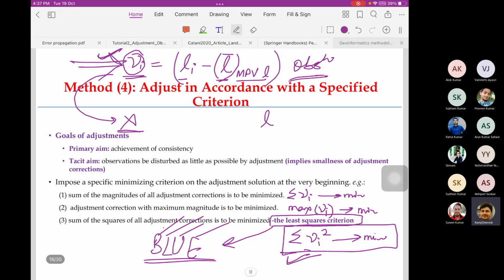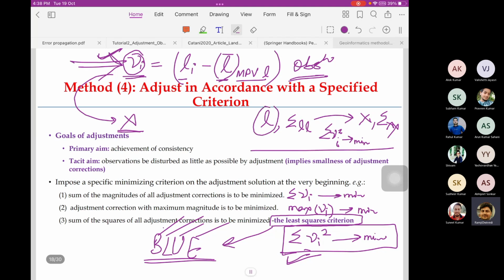You have L, initially you have L and sigma LL, and you are moving to X and sigma XX. You have the observable, the variance covariance matrix of the observable, and by minimizing, or following the least square solution, you are achieving the X and sigma XX plus L hat and sigma LL hat.